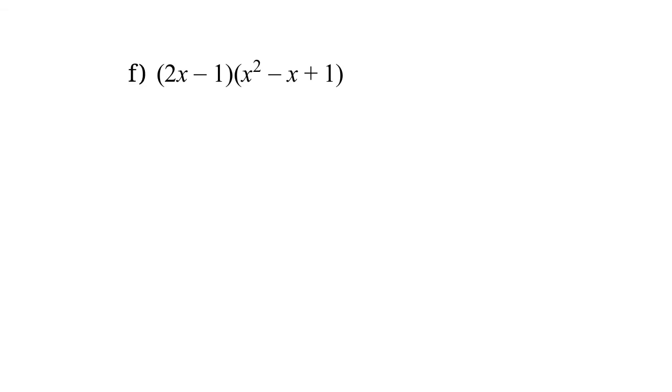So by that I mean, let's start with the 2x, and we're going to multiply it by the first term. Then we'll hit the second term, and then we'll hit the third term. And then we'll go to the minus 1, and we'll multiply it with the first term, the second term, and the third term. So we, in that case, get a multiplication with every single term and every single combination of terms.